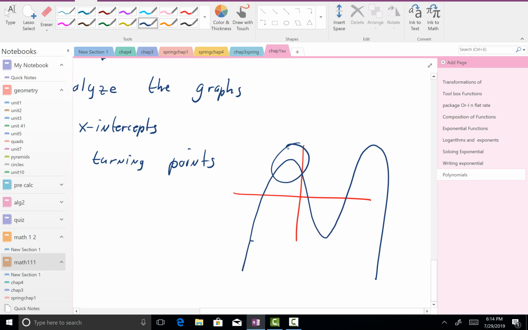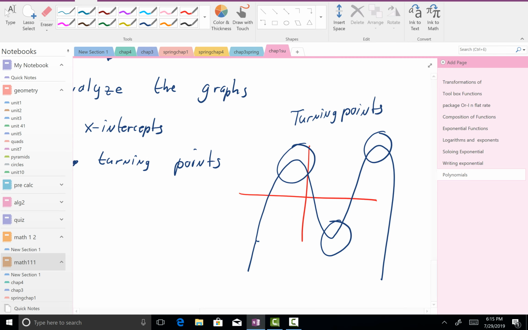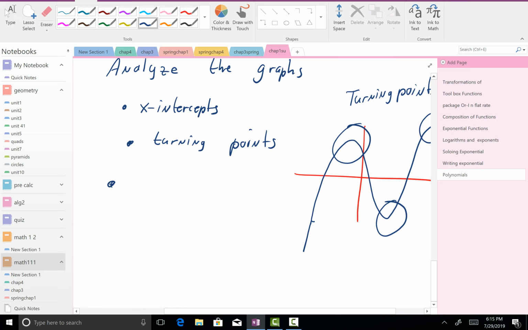So this is a turning point, that's a turning point, and that's a turning point. Those are all turning points. So anytime it kind of changes, remember how we talked about increasing, decreasing? So anytime that happens, that's a turning point. Basically our local min and local max, correct? Yep.